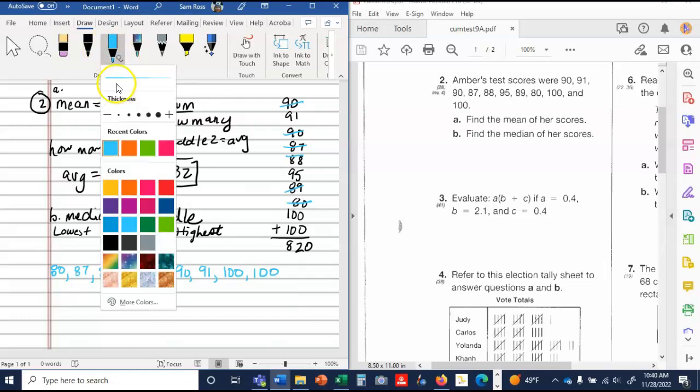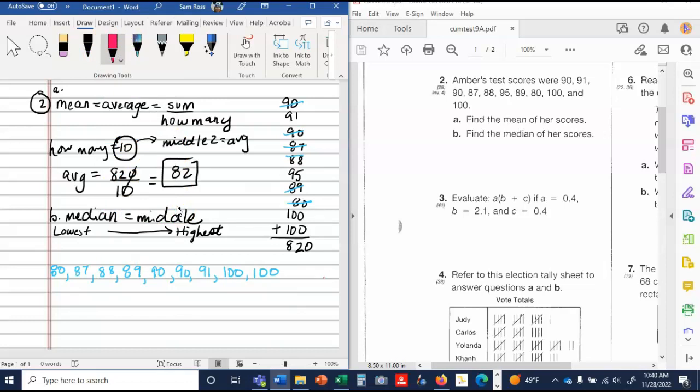Okay, so what I'm going to do is, since there's 10, I'm going to count 1, 2, 3, 4, 5 from each end, and I get 90. Wait, 1, 2, 3, 4, 5, 6, 7, 8, 9.